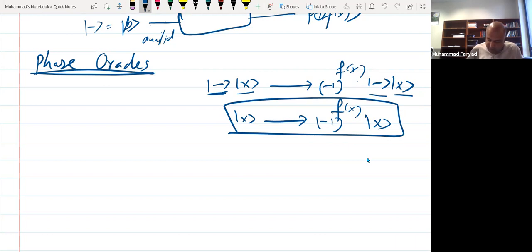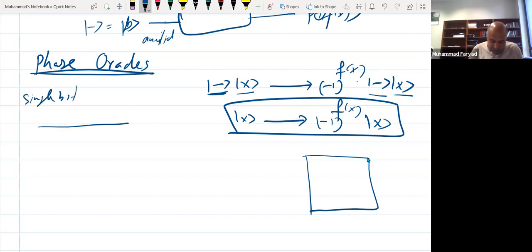So if you have, let's say, a circuit like this, suppose you want a single bit oracle. So for a single bit oracle, our x is just this input, and this is in minus.